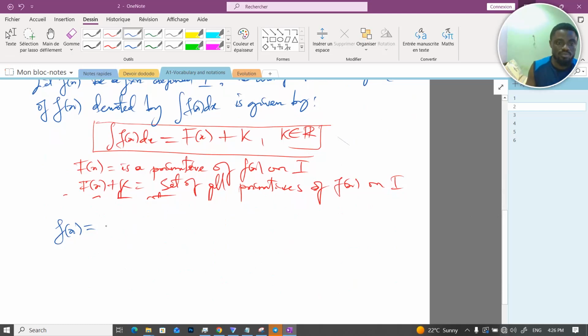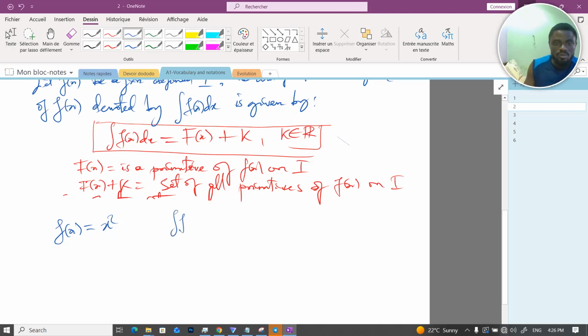I'll take a very simple example that I'm sure you know how to integrate. Let's say you are asked to integrate x squared. You are asked to find a primitive or an indefinite integral of this f of x. You understand?